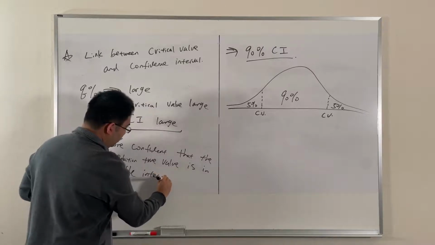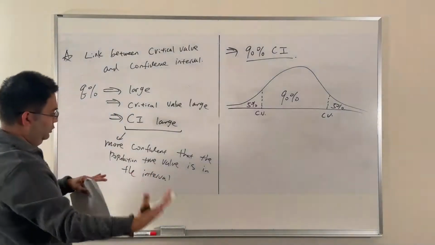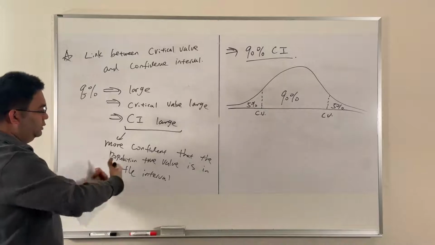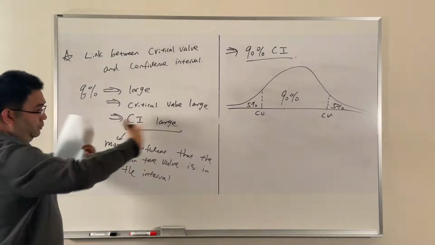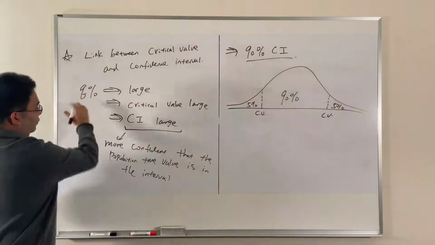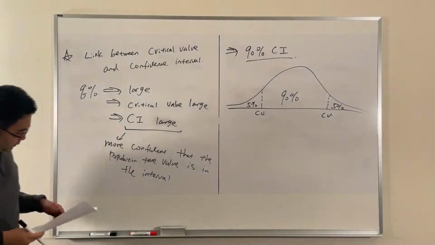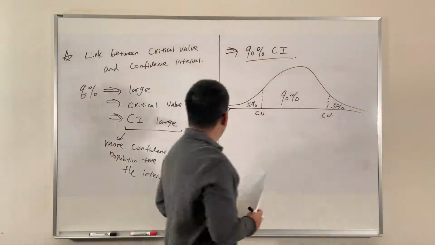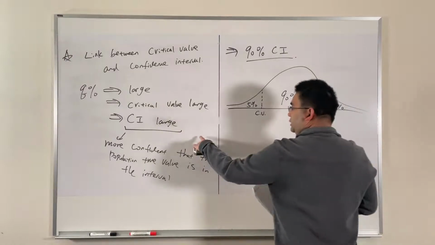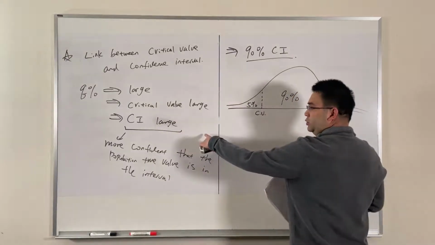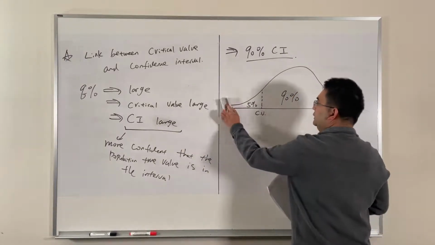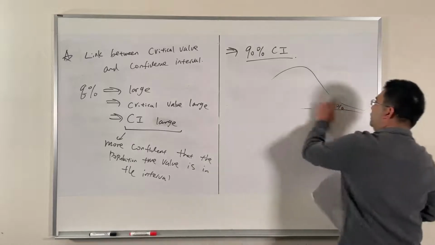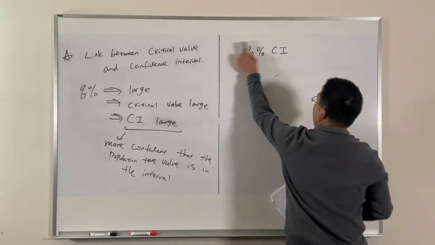So you're more certain that the true value will be in the interval because the confidence interval, the range, is bigger, right? As you increase your Q. Okay. But it is not always good to expand this range or confidence interval because we're facing a trade-off.